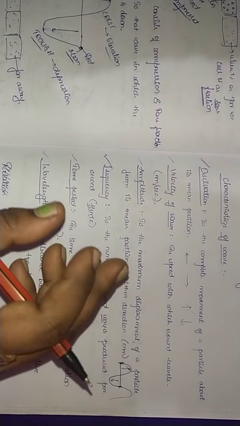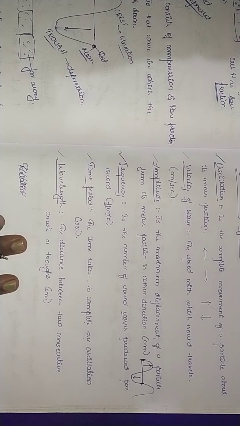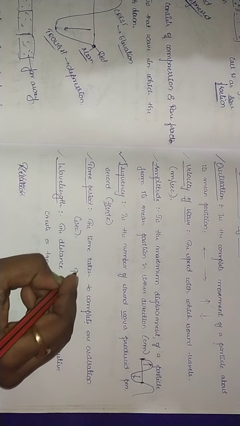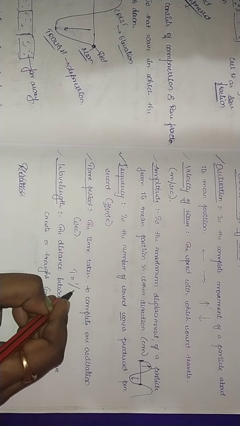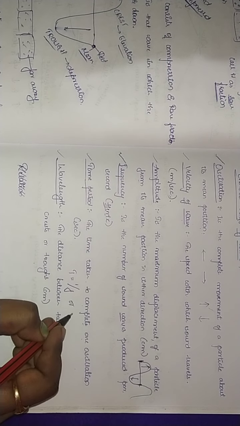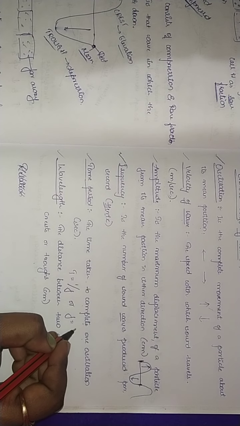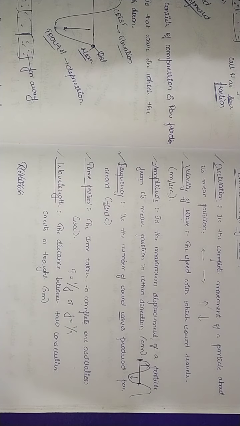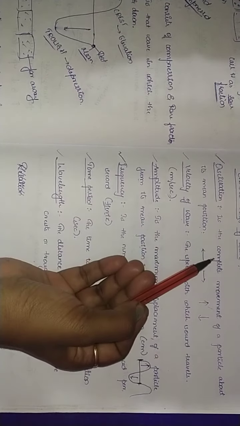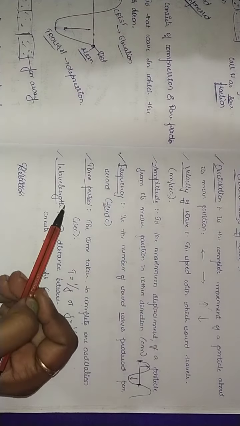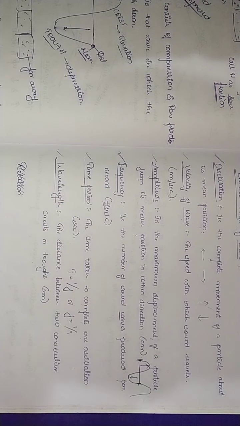Time period and frequency have the same relation almost. Time period is 1 by frequency, or it is the reciprocal of frequency. You can write it either way. So time period is the time taken to complete one oscillation.